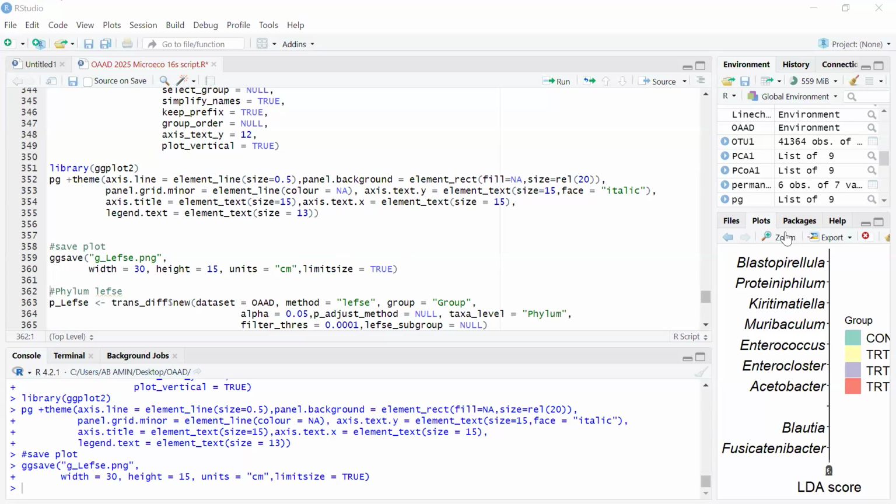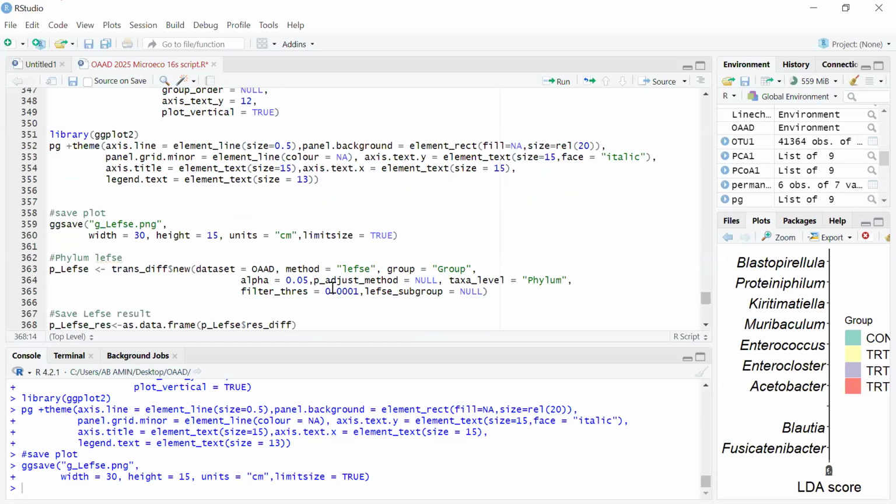If we look at the plot, very few, about 1, 2, 3, 4, 5, only 5 are able to have up to 3 LDA score. All the rest are between 2.5 and 3. So if we had put 3, it would capture only 5.